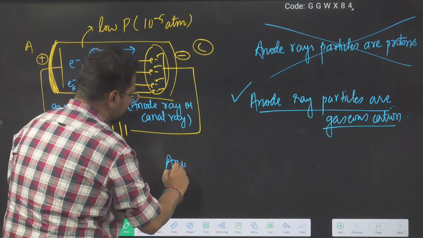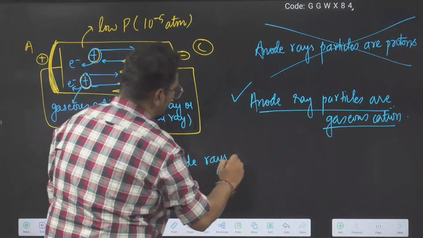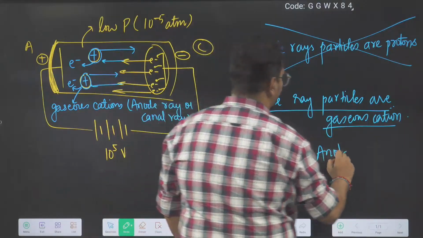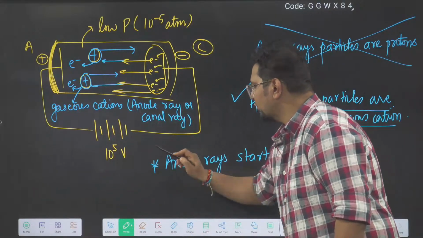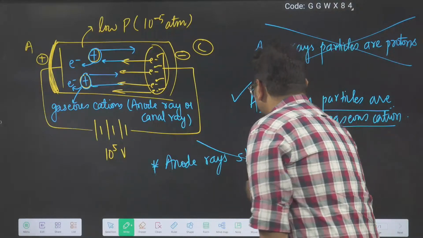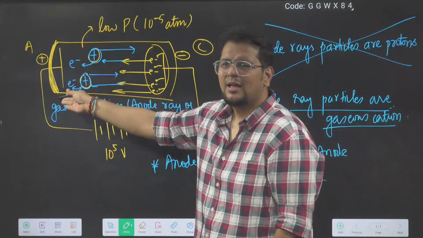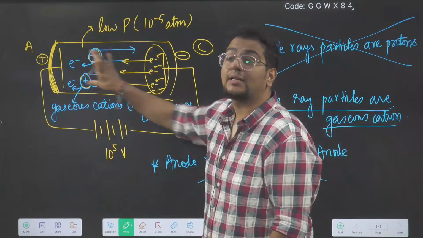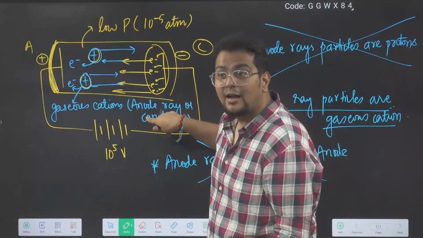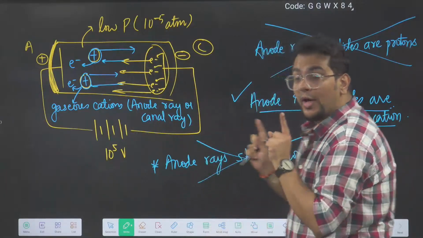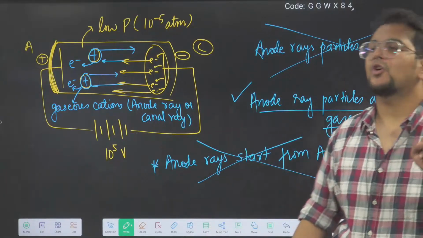Anode rays start from anode, true or false? What do you think? Completely wrong. Anode rays start somewhere in the middle of the canal, due to collision. So anode rays do not start from anode.